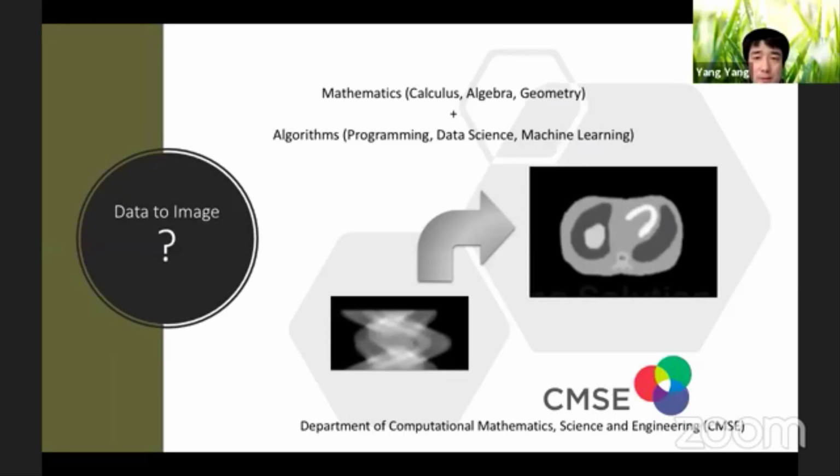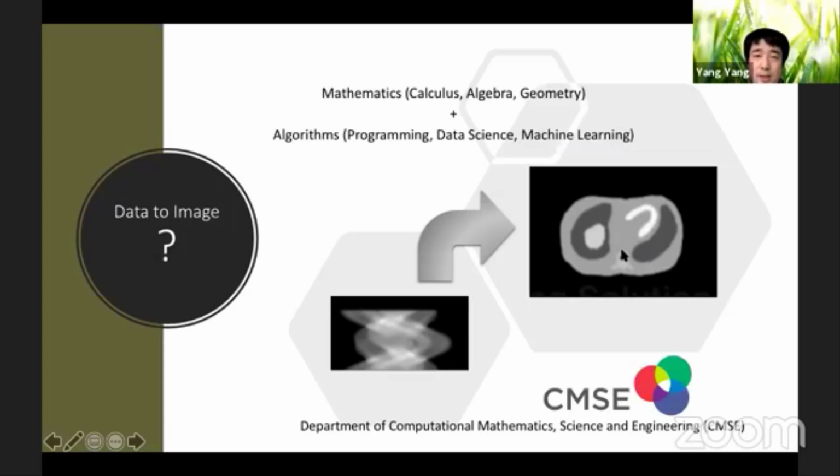For the reconstruction of this image, we need to study the mathematical models of the X-ray imaging process. We need to build up the mathematical models between the X-ray data, which is the data we collected here, and the structure of the patient, which is what we hope to image.